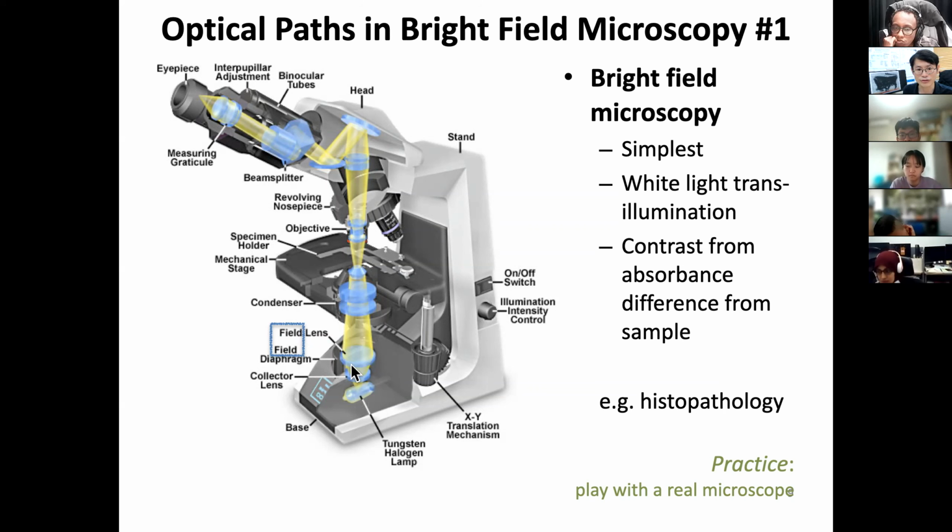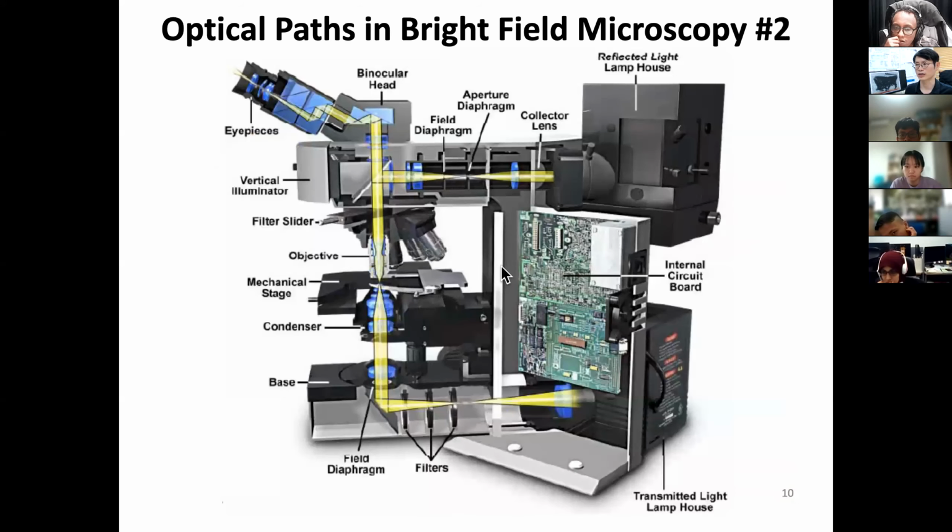There is a diaphragm over here, and we call that the field lens and field diaphragm. So remember, aperture stop and field stop. That part of the illumination is conjugate onto the sample. That's why it's called the field diaphragm. So play with a real microscope at the end when you have a chance.